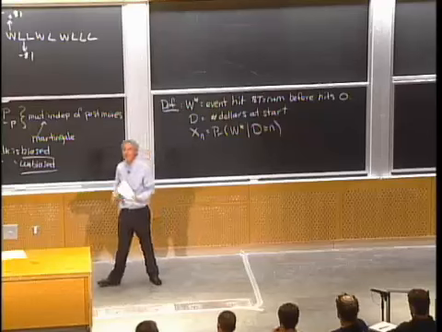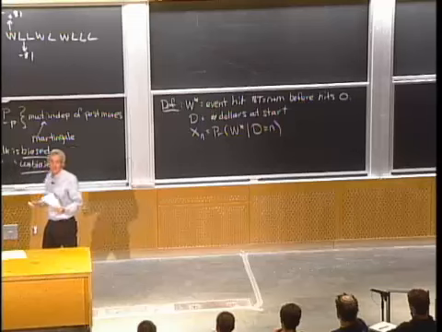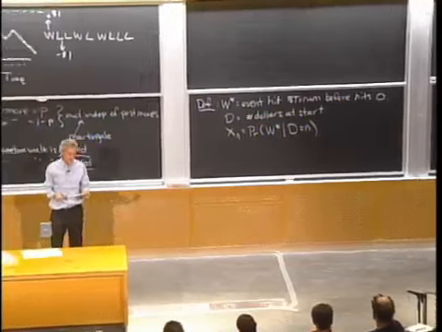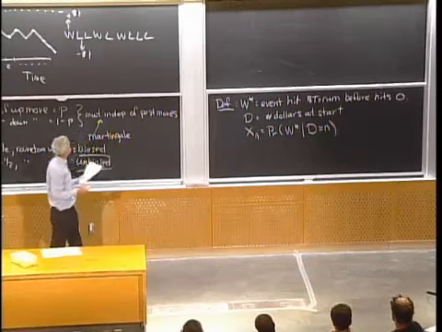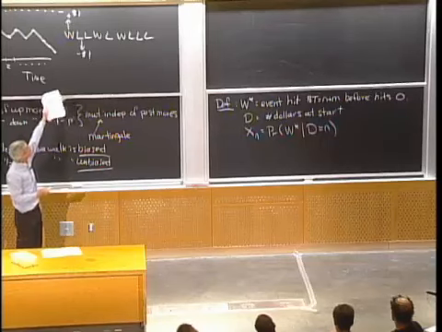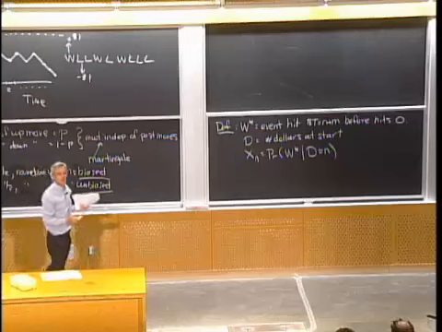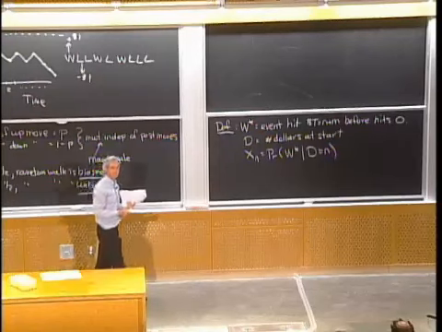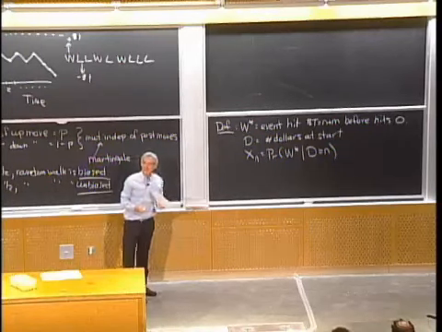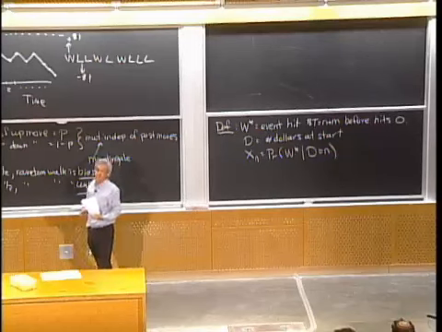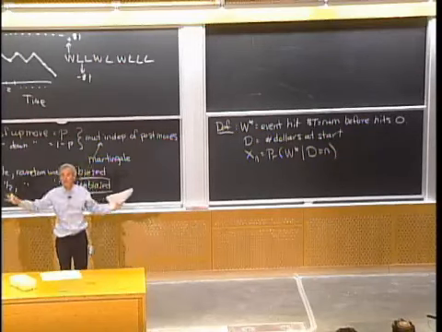Now, to do this, we could use the tree method, but it gets pretty complicated because the sample space is the sample space of all win-loss sequences. And how big is that sample space? Infinite. I could play forever.